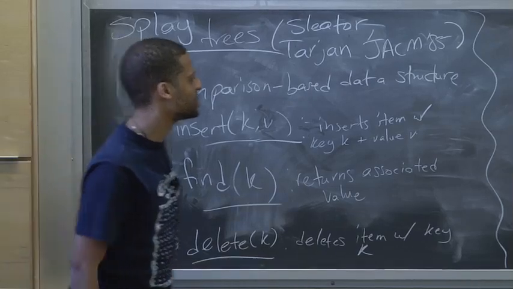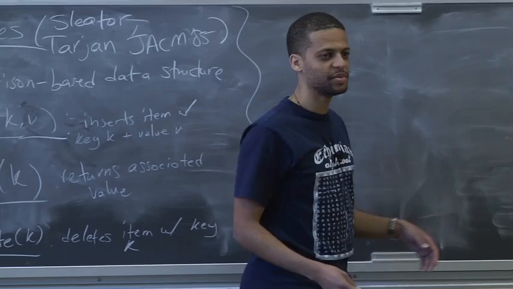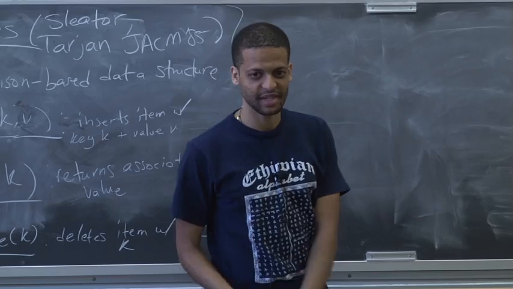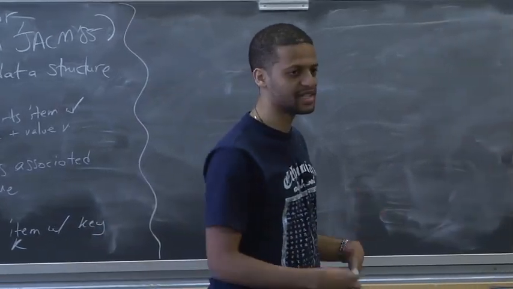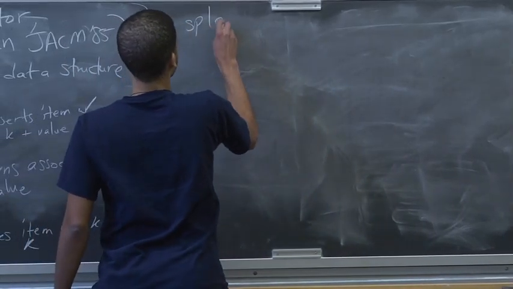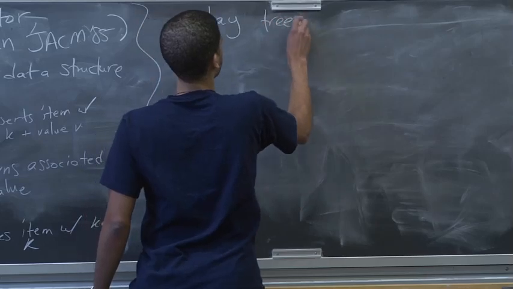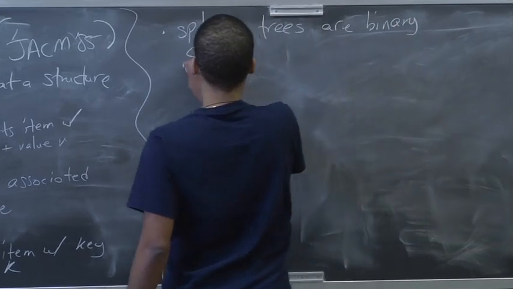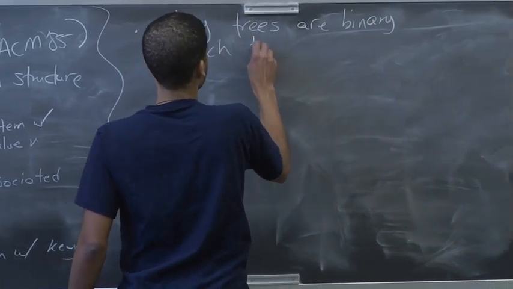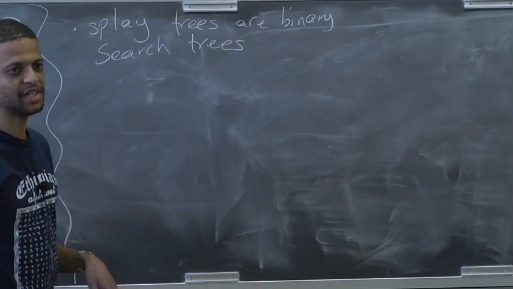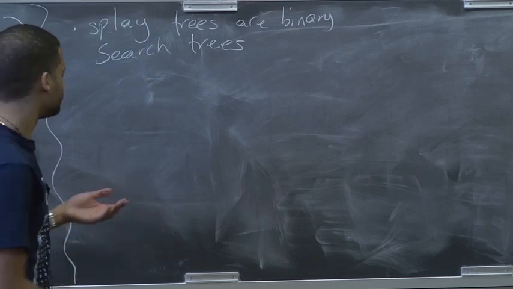So what are splay trees? People have seen, I hope, some form of balanced binary search tree, like maybe a red-black tree, AVL tree, something like that. So a splay tree is, again, some binary search tree. Splay trees are binary search trees. But after every operation, we do some amount of rebalancing.